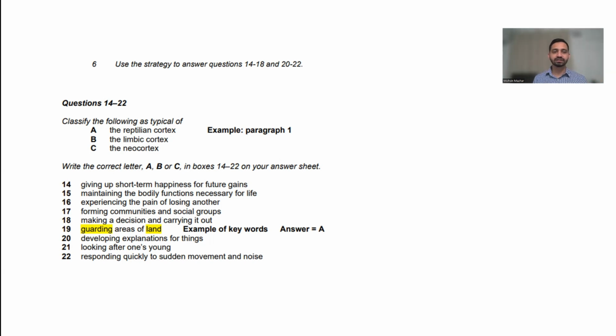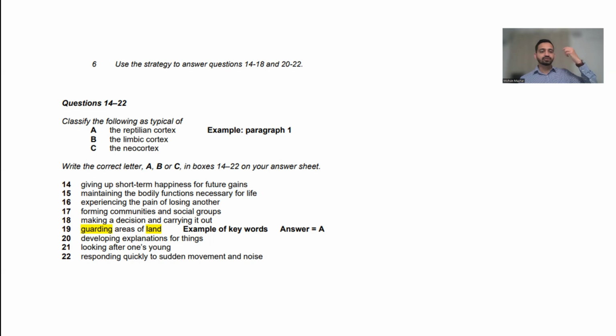Classify the following as typical of: is it reptilian cortex, limbic cortex, or new cortex? Which of these three? Which paragraph are you going to read to get the answer? Is it going to be A, B, or C? You can only choose one of these three options, because it says write the correct letter, so follow the instruction. That is very important.